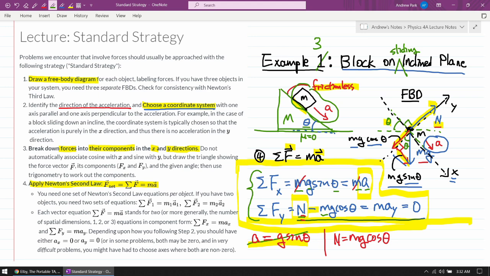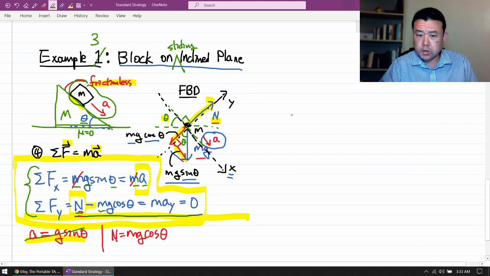So let me copy this down the page so that I have more space. The one change is we will have to draw an additional free body diagram because this ramp will be able to move as well. We have to consider how its motion will be affecting everything else.